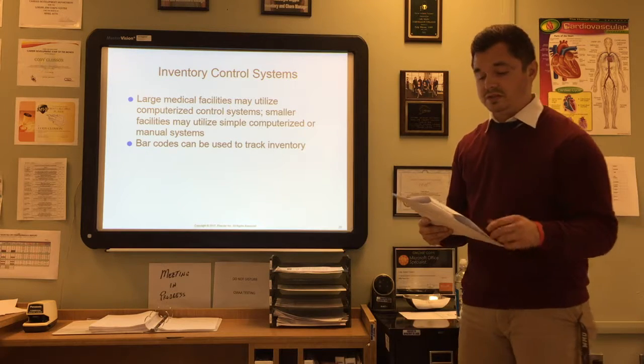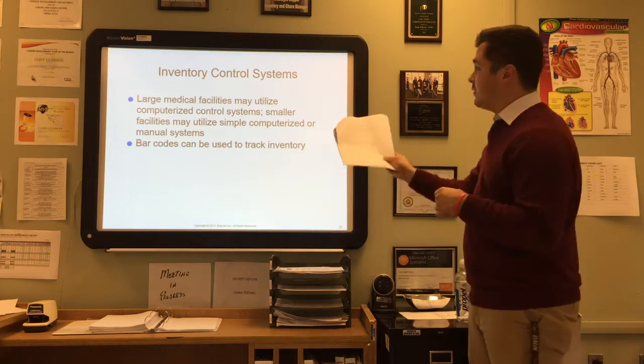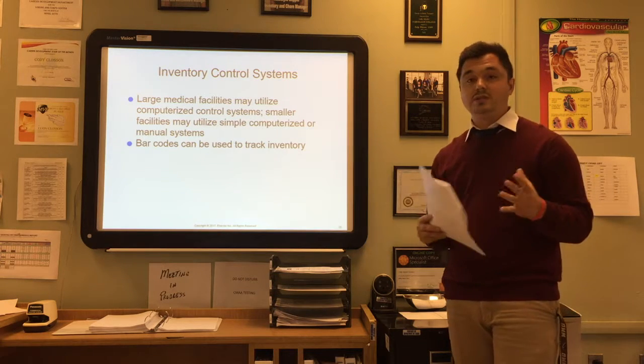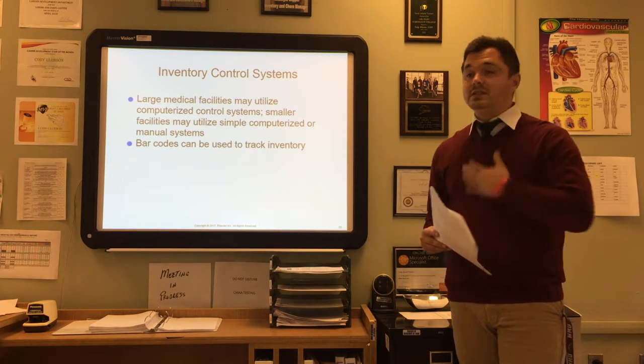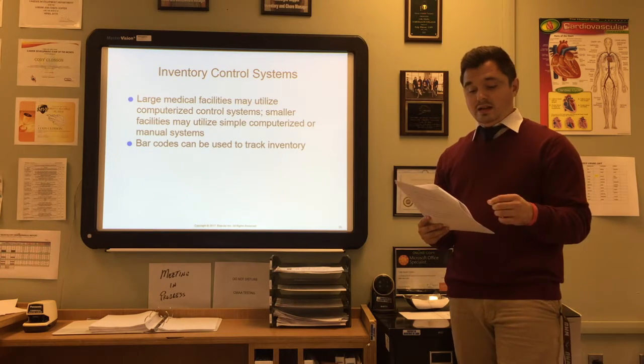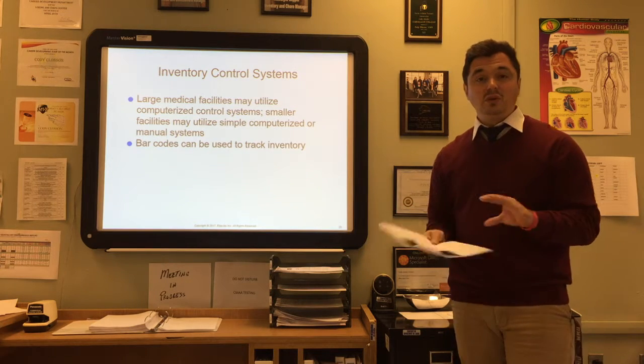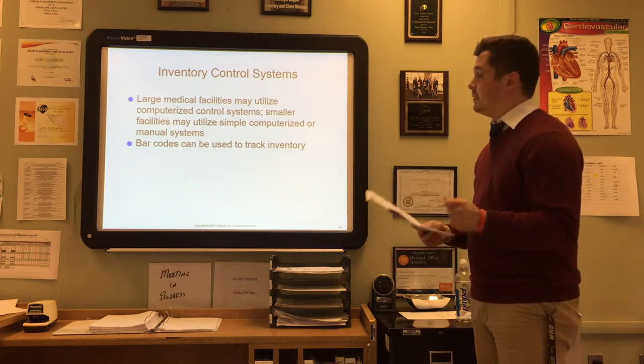Inventory control systems. There are different ways to take inventory in different settings. Large medical facilities may use computerized controlled systems, while smaller facilities may utilize simple computerized or even manual systems. Barcodes can be used to track inventory, more so in the larger medical facilities.